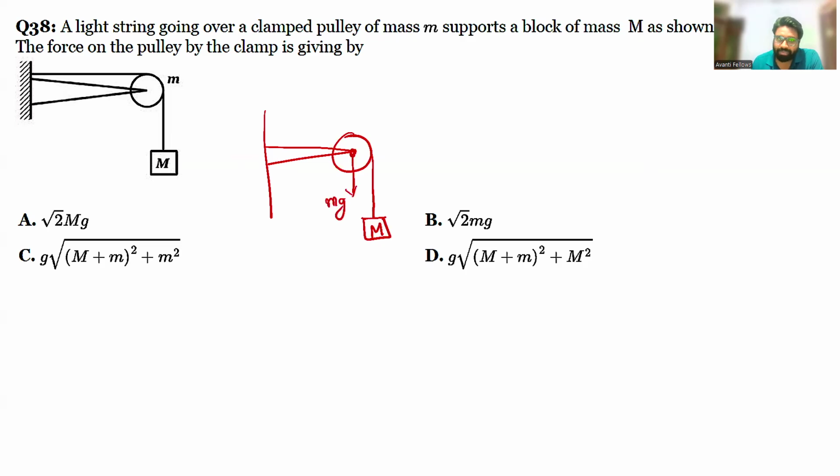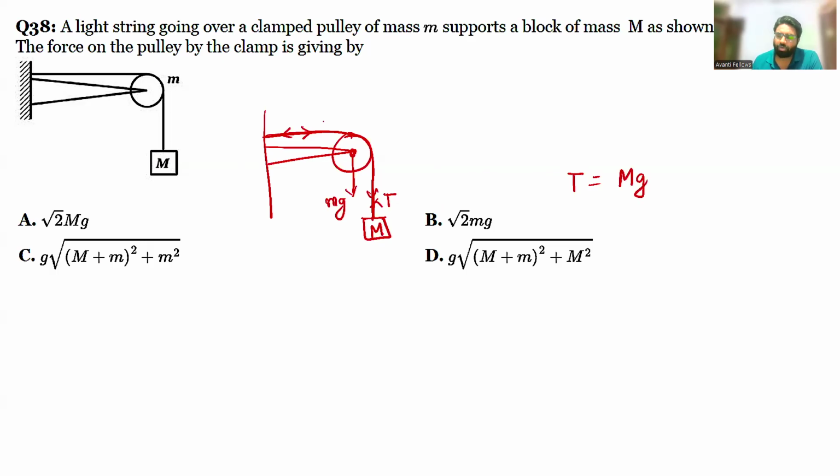But the weight of the pulley is not creating any tension in the string, because it's just having a support. This string is only supporting this block. So we can say that here tension equals capital M into g.